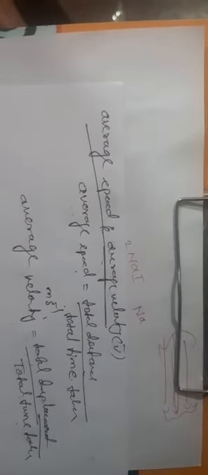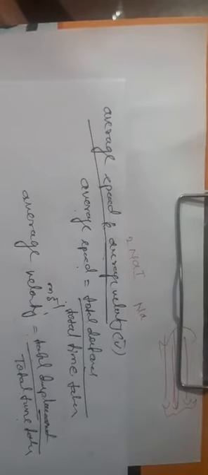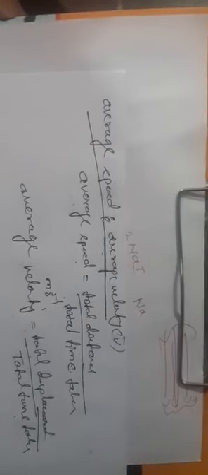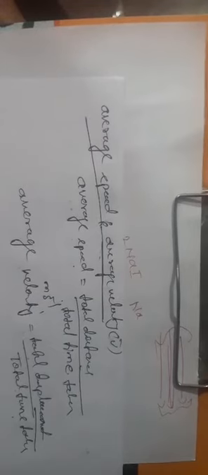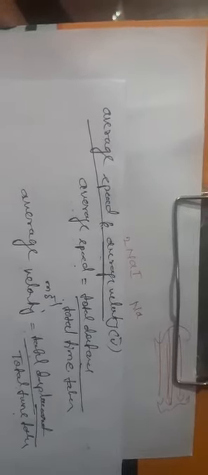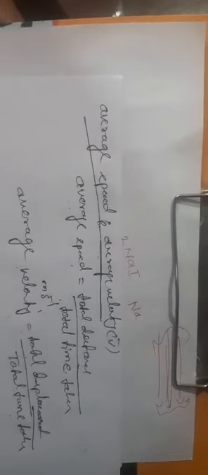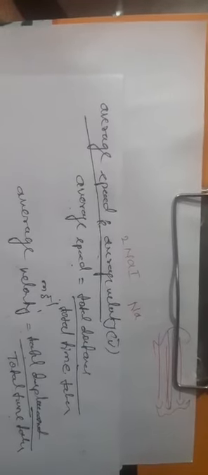Average velocity is also the sum of the initial and final velocities, divided by two. The average velocity is the ratio of total displacement to total time taken.